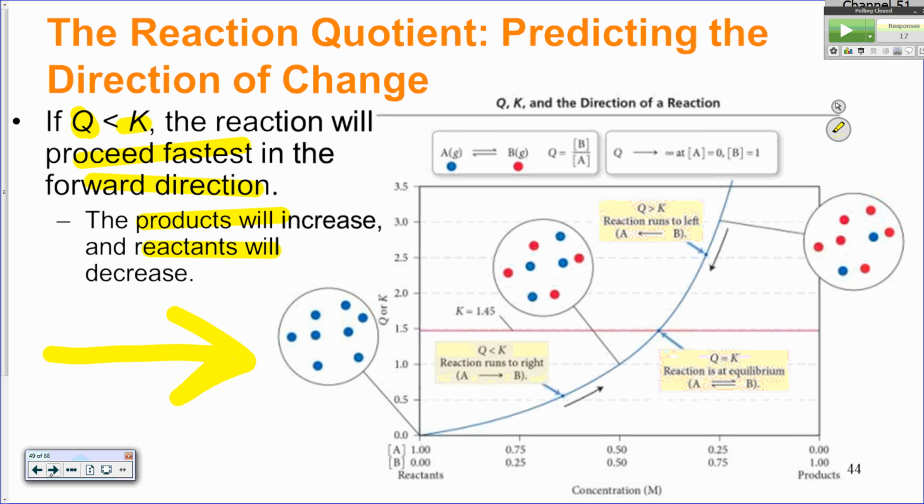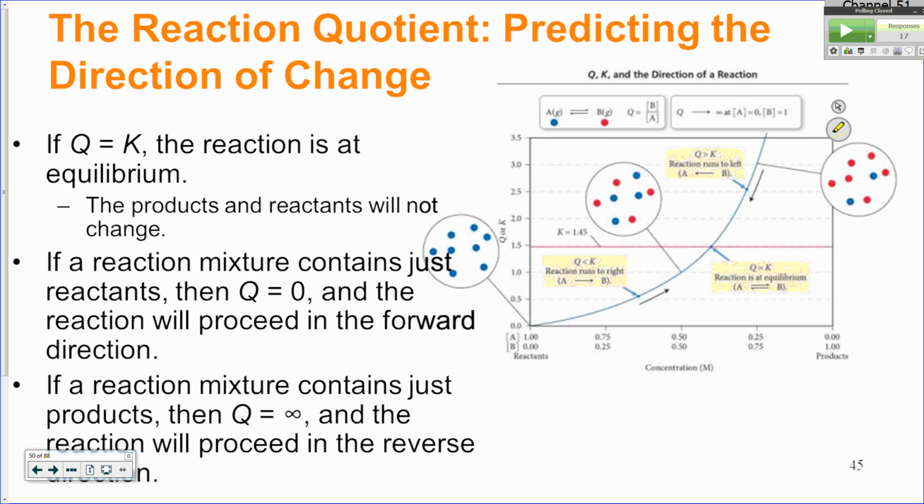If it happens to be a situation where Q is equal to K, that means the system's already at equilibrium. There's not going to be any net change. Now we know that if a system just contains reactants, then when we set up the ratio and divide it out, Q is 0, so there's no choice.